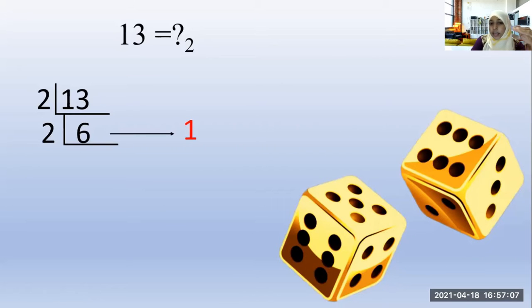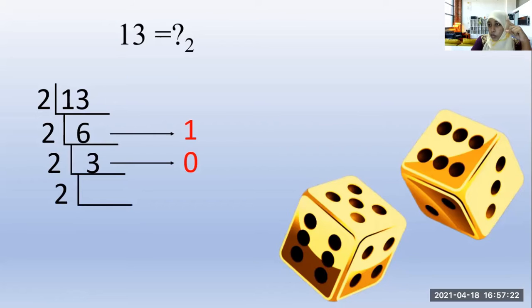Then again divide the 6. How many 2's within 6? There are 3 2's. 2 into 3, 6. How many remaining? Zero. How many 2's within 3? 1 time. 1 into 2, 2. To be 3, how many remaining? 1 is remaining.